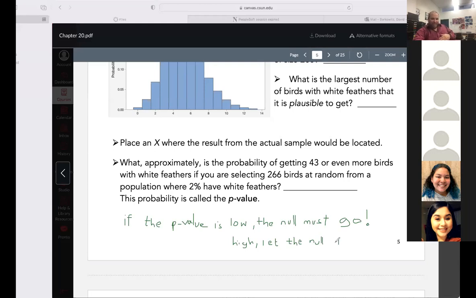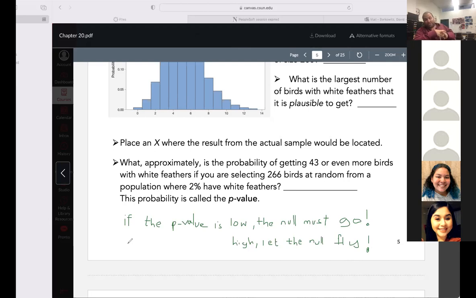Let the null fly. How does rise rhyme with high? If the p-value is high, let the null fly. I kind of like that expression. Never heard it before last week, and I've been teaching this for years. If the p-value is low, the null must go. If the p-value is high, let the null fly.